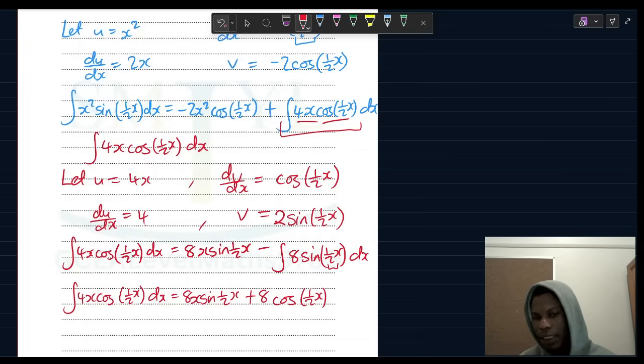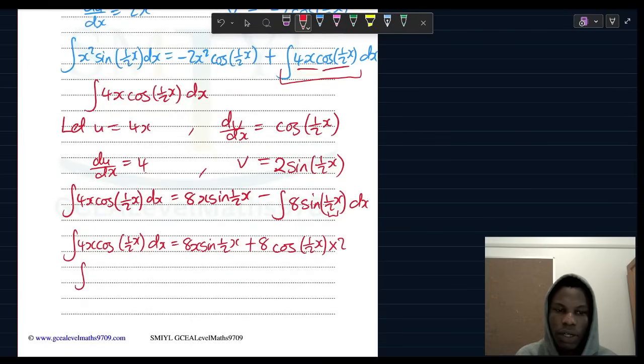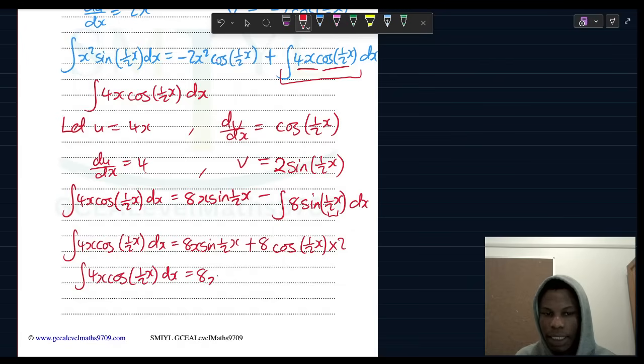Differentiate the inner function, you get a half. So you have to divide by a half, which is the same as multiplying by 2. And so we have that the integral of 4x cos a half x dx is equal to 8x sine a half x, 8 times 2, 16 cosine a half x.